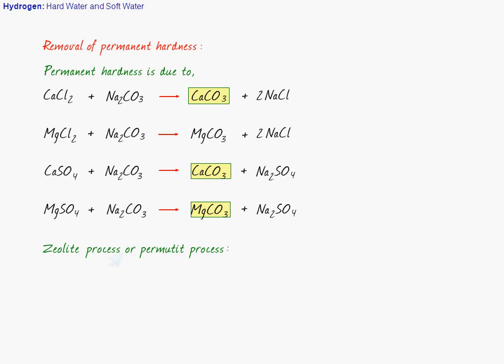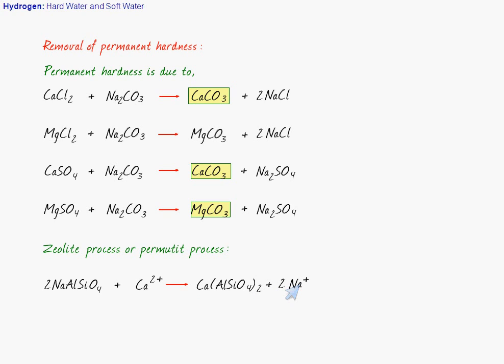So here we have 2NaAlSiO4, and here we are adding calcium ion, Ca2+. We get here Ca(AlSiO4)2, and the sodium ion goes into the solution and calcium ion is held by the zeolite or permutit.